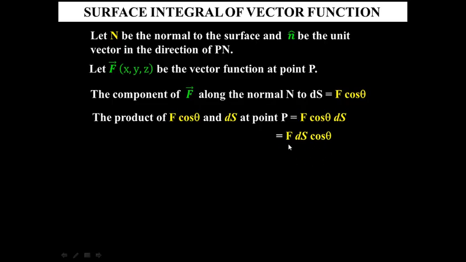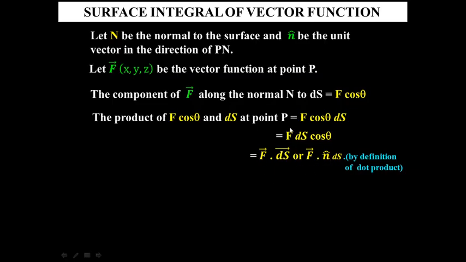So f dS cos theta can be written by the definition of the dot product, or scalar product, as f vector dot dS vector. The dS vector can be written in terms of the unit vector times dS, because the unit vector is the vector divided by its magnitude, so the dS vector is n cap times dS. So f dot dS can be written as f dot n cap dS.